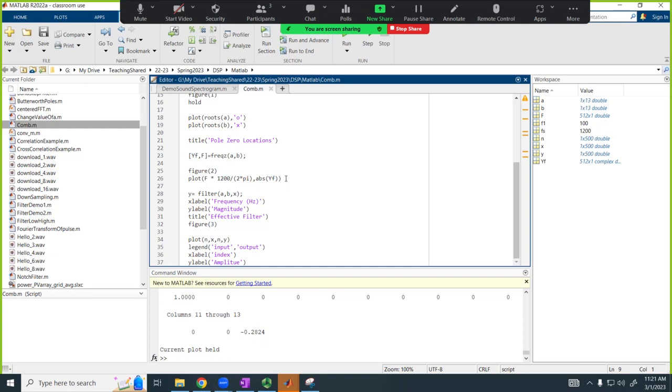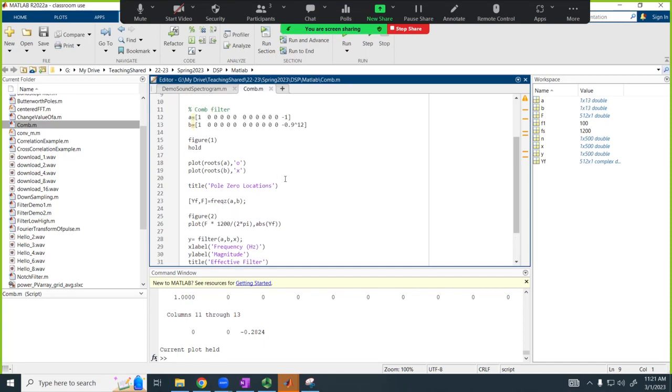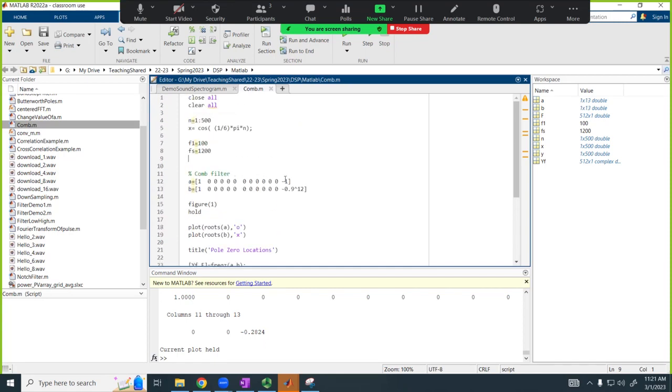Very good question. So let me talk about how we calculate the output of this filter. In order to calculate the output of a discrete time system, what are the three different methods that we can use? If we have the difference equation, we can iterate and calculate the output.